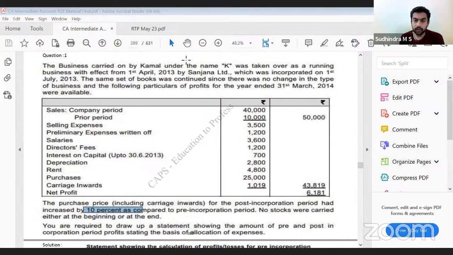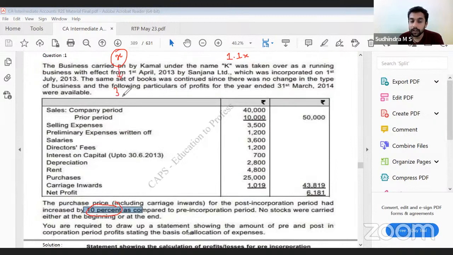Okay. So what have they given us? They have told us purchases for post-incorporation is more, correct? More by 10%. So if I consider pre-incorporation purchase per month is x, what would be the post-incorporation purchase per month? x plus 10%, that is 1.1x.